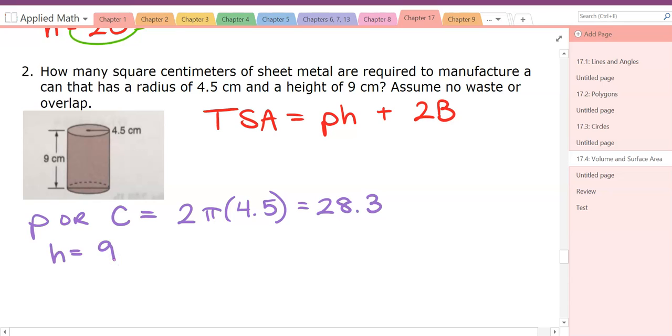Now let's talk about capital B. Capital B is the area of the base, which we've already established as a circle. What's the equation for area of a circle again? Pi r squared. So pi, and we said that that 4.5 is the radius, so we're going to do pi times 4.5 squared. Which again, if I round, is going to be 63.6.